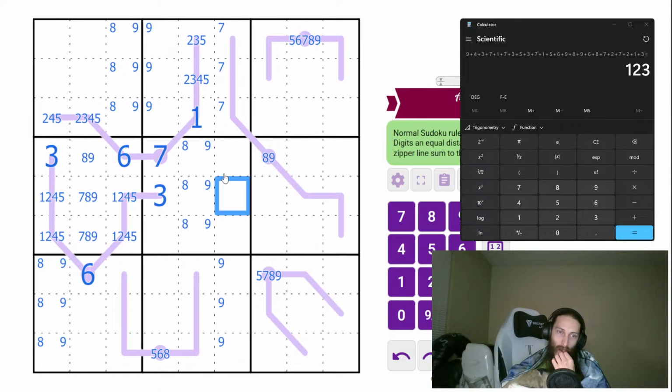You mean 1 pairs with 5? Oh, that's a 7. Never mind. And if I said 1, I meant 3. 3 here pairs with 4 here. Well, for some reason I was seeing 6 as the center. It's like, well, no. 1 pairs with 5 for 6. That's not how that works.